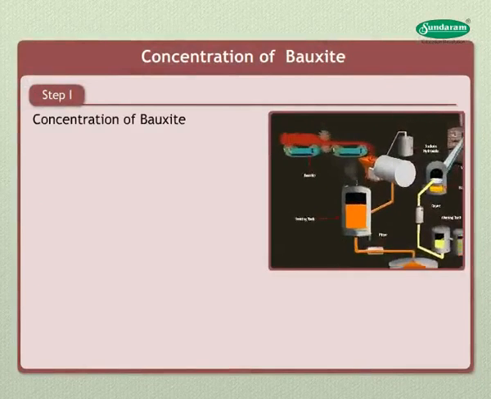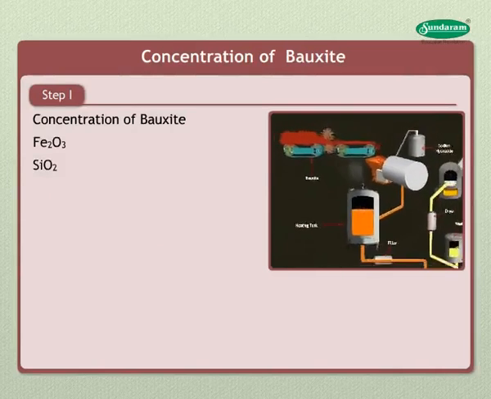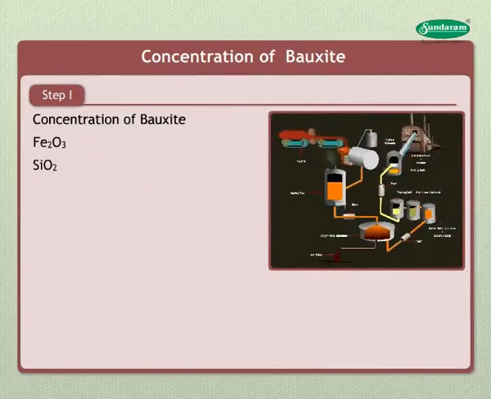Step 1. Concentration of bauxite. Crude bauxite contains impurities like iron oxide Fe2O3 and silica SiO2. These impurities are removed by Bayer's process.